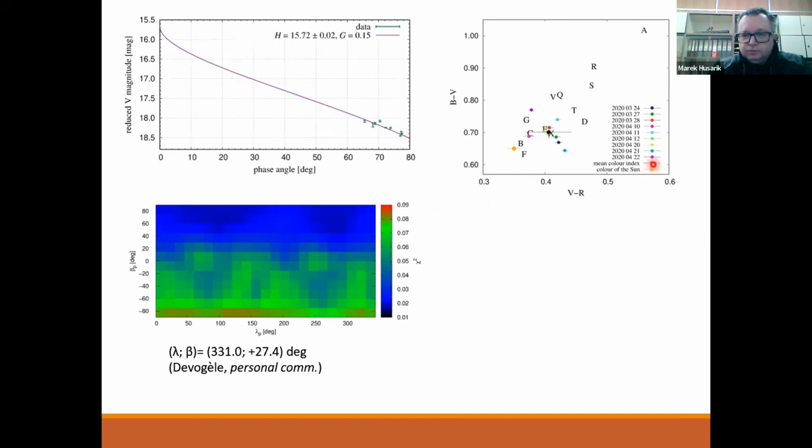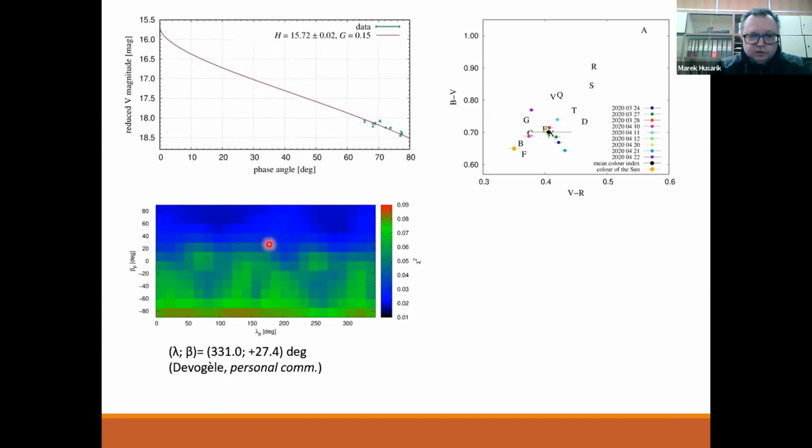It was also confirmed by other authors. Then from this data, I tried to compute where the rotational pole, or the north axis, is oriented in the ecliptic system.